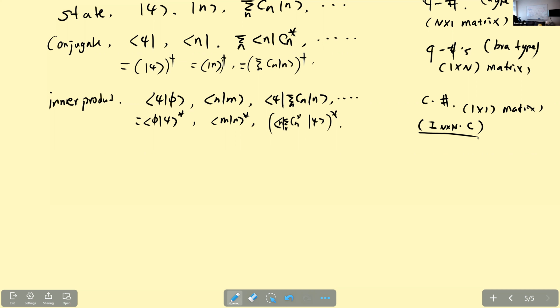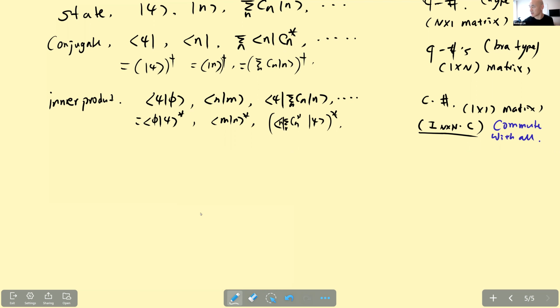So you have different ways to understand it. This one can be either a 1 times 1 matrix, that's a C number, or just a unit matrix that commutes with everything, right? So a good thing for this one is that it commutes with all, so you can move it freely.